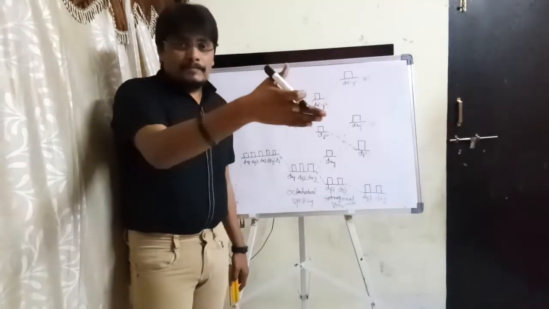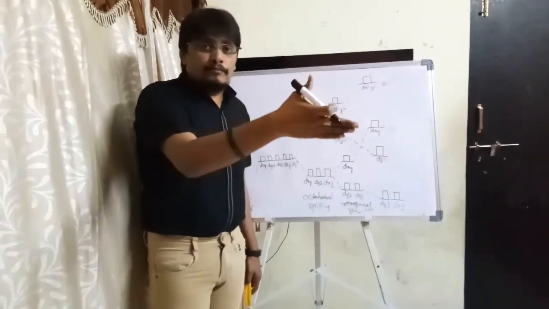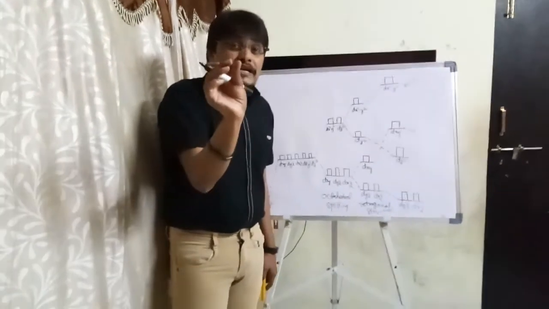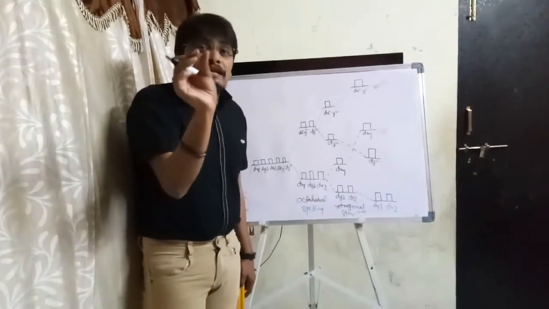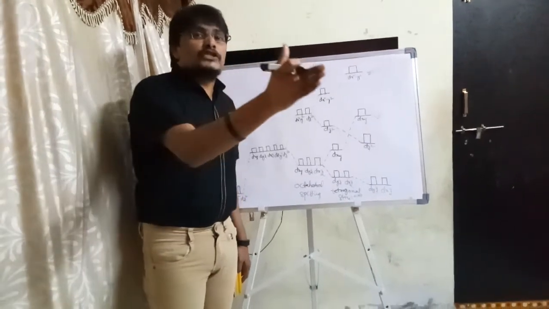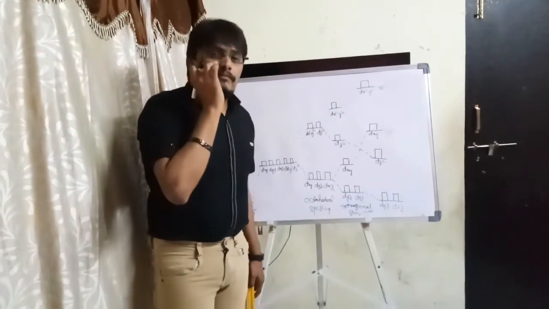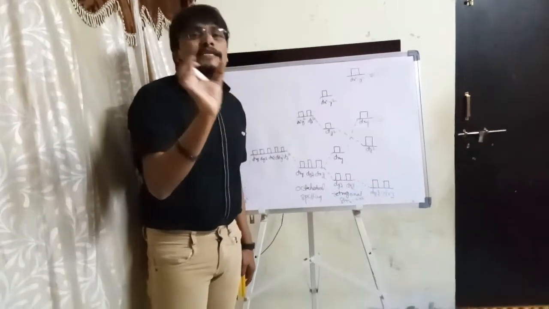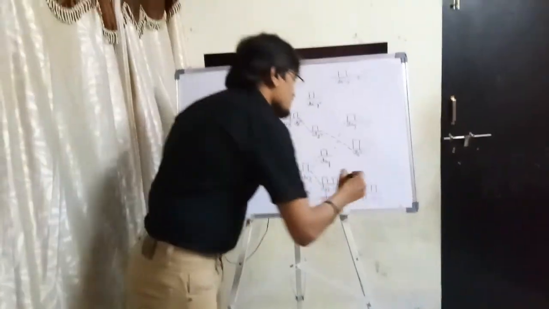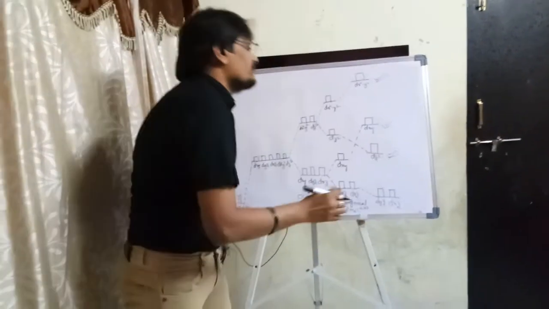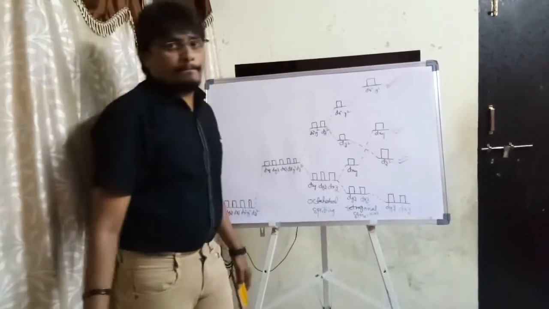Directly it is not influenced, because only some portion of the dz square is in between the x and y axis. So direct influence is not there, but more influence is there when compared to the dyz and dxz d orbitals. That is the reason dz square occupies the next energy level with respect to dxy.